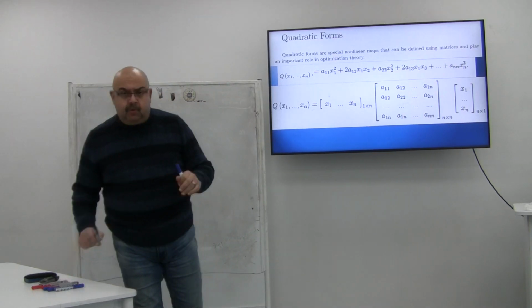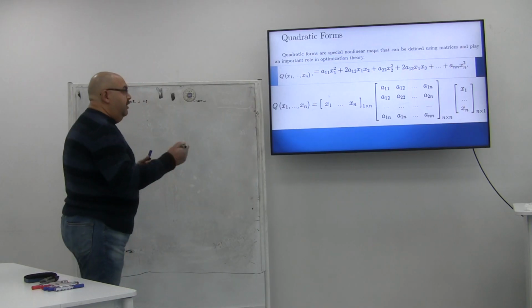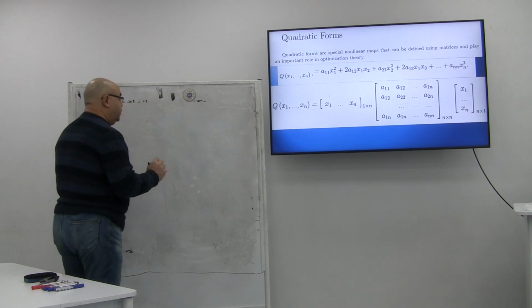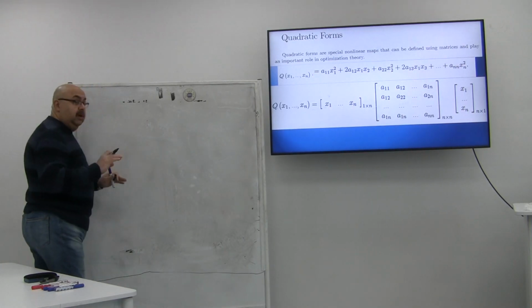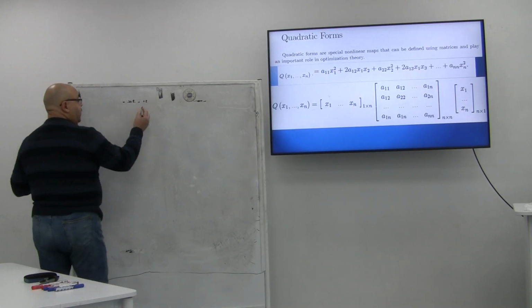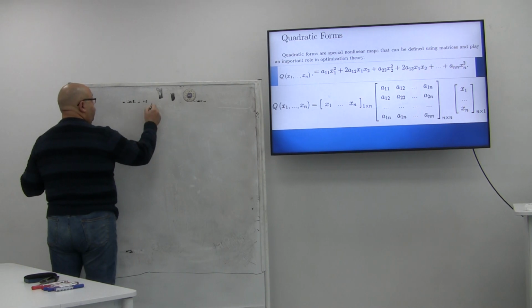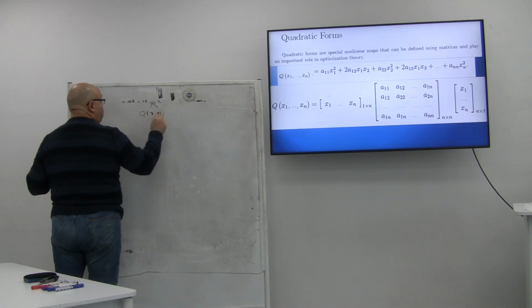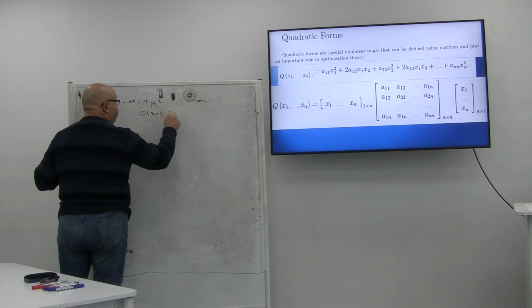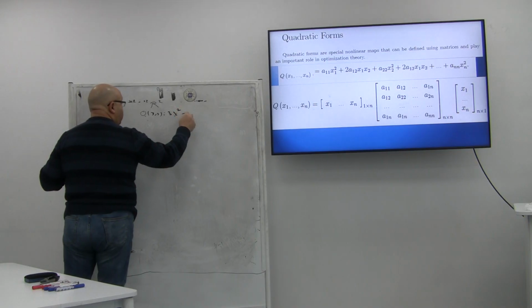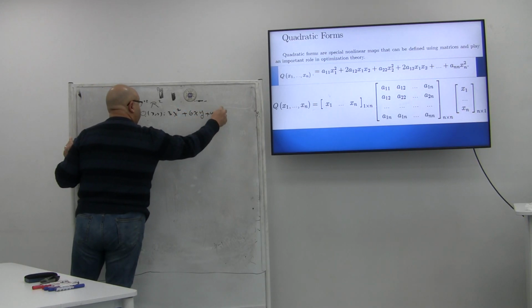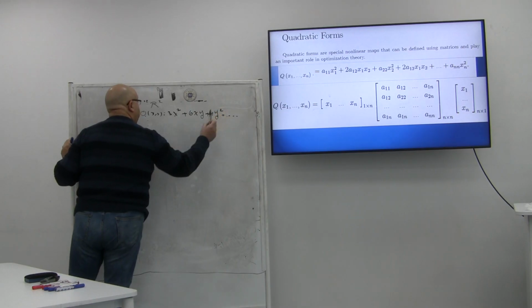Let's take a quick example before we continue. This is the main part that I want to focus on, to be sure that you understand it very well. For example, in 2D, I'm talking about R2, let's say I have the function q of x and y, given by 3x squared plus 6xy plus 4y squared plus and so on.